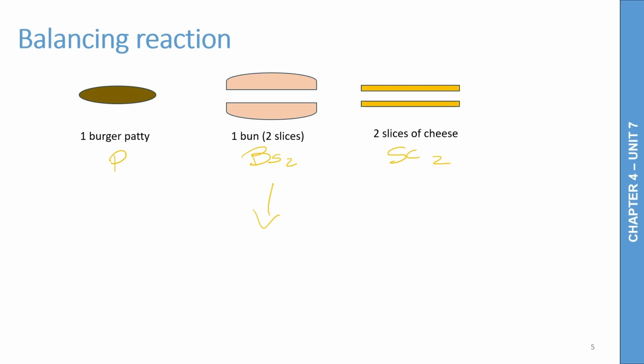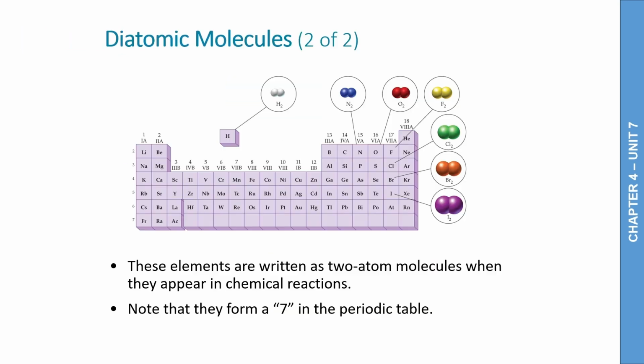If I form a double cheeseburger, I'm going to have my bread, the hamburger, a slice of cheese, and one more bread. So I have P, BS2, SC2, right? That is my final product. I didn't make anything else appear or disappear, okay?